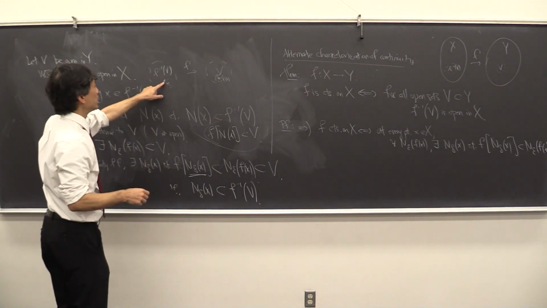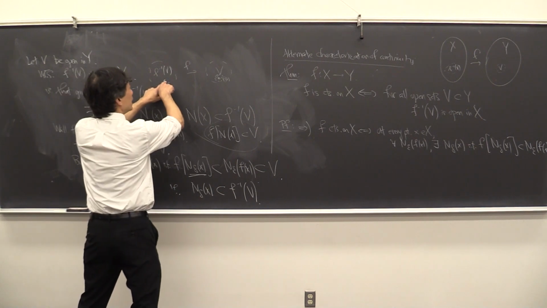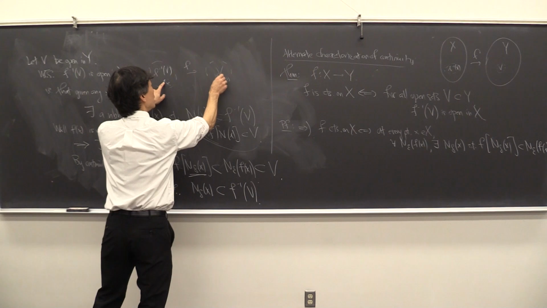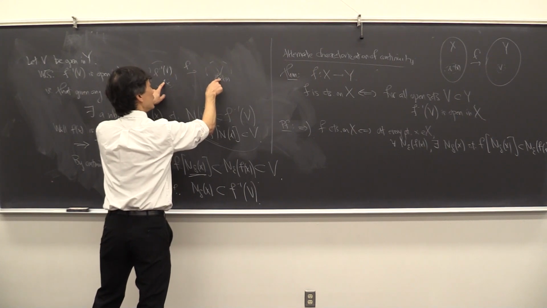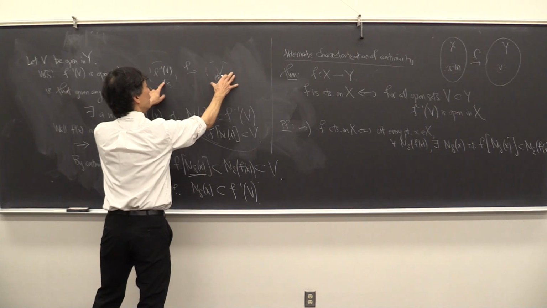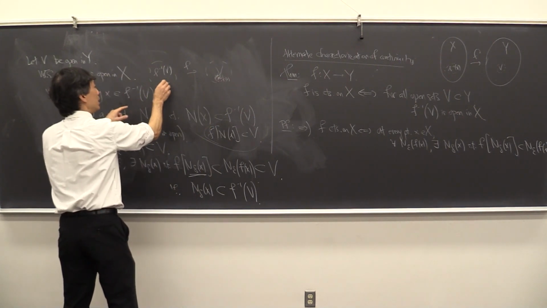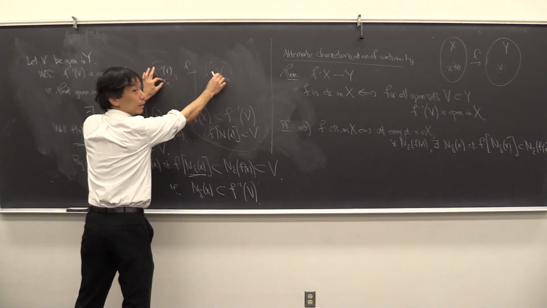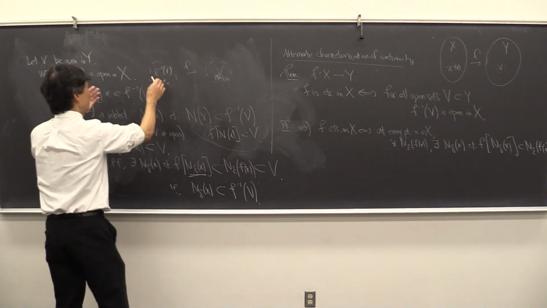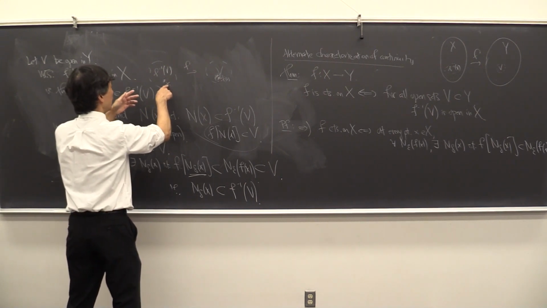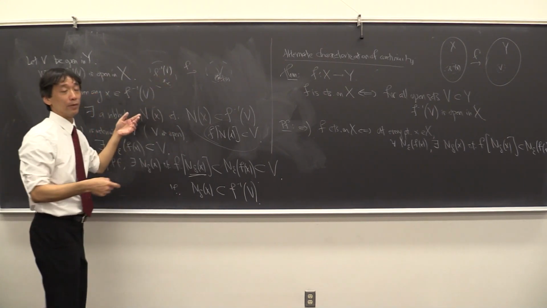Well, let's map it forward. We know that this thing is open, so this point is interior, so we can find a ball around it that's contained inside of V. But then by continuity, there's a ball around here that gets mapped inside there. And so that shows us that x is interior to the preimage of V.